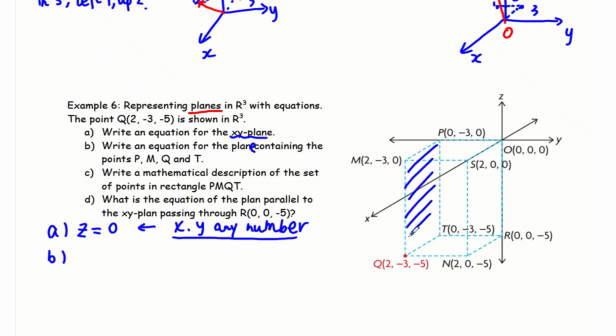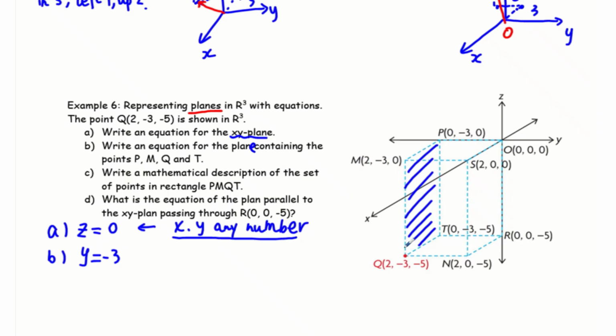And in this plane, you will see that the common one will be the y value, the same. This is a plane that is moved 3 to the left from the xz plane. So for this plane, the common is y equals -3.